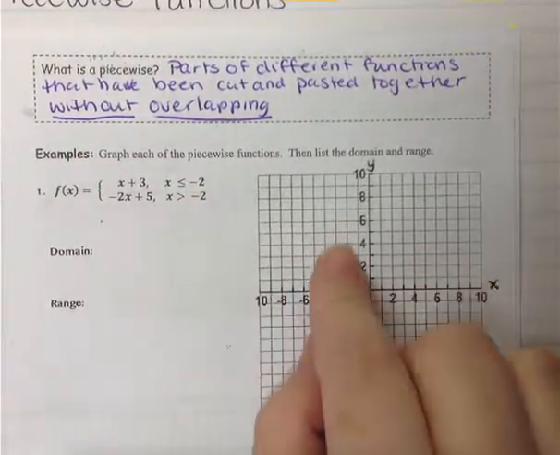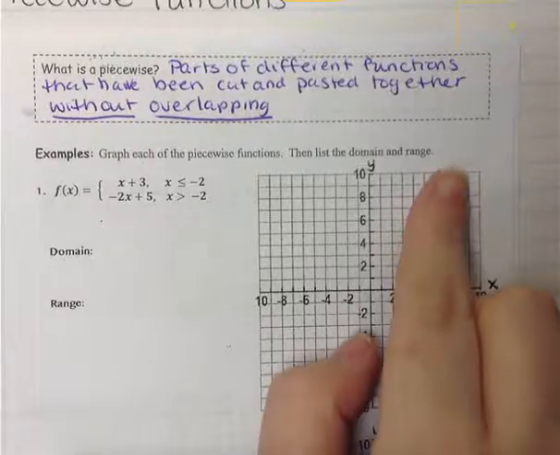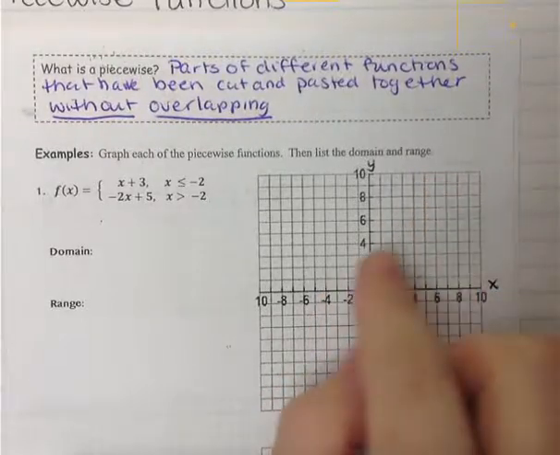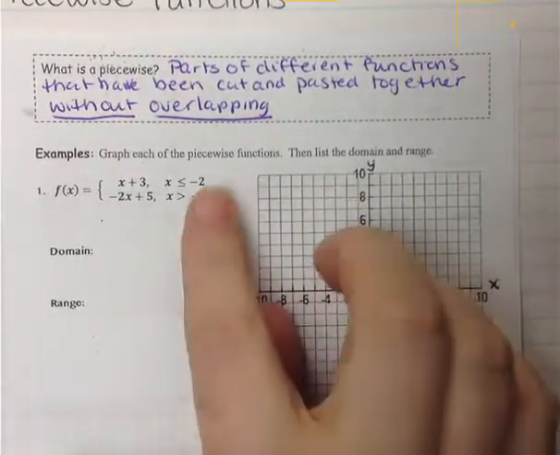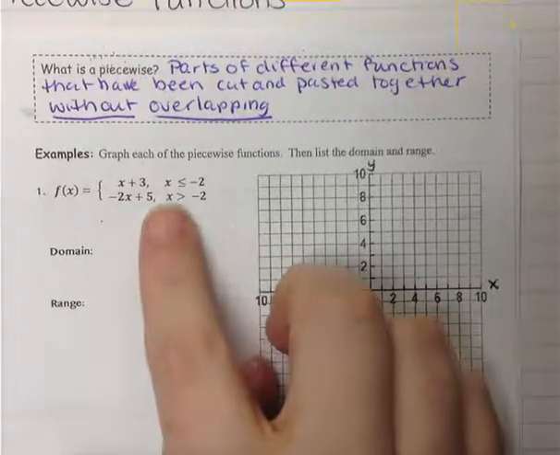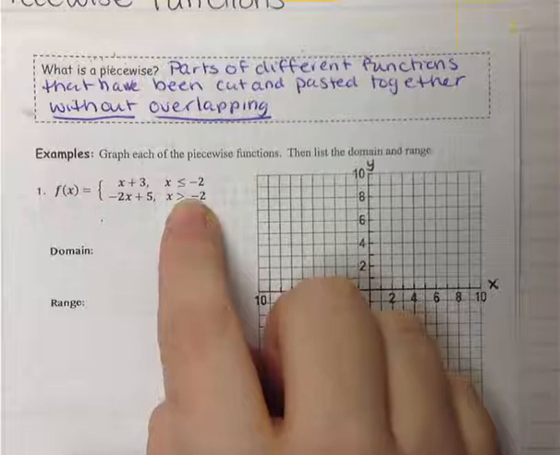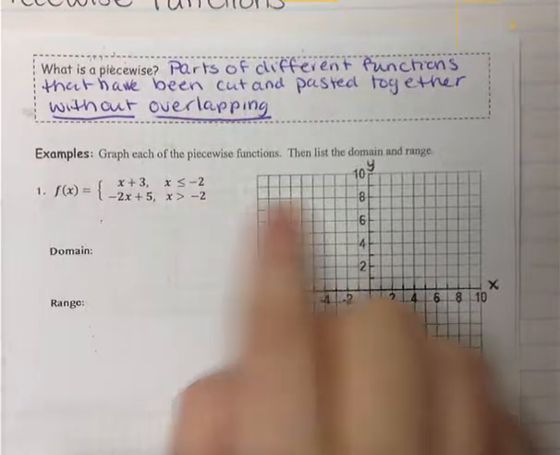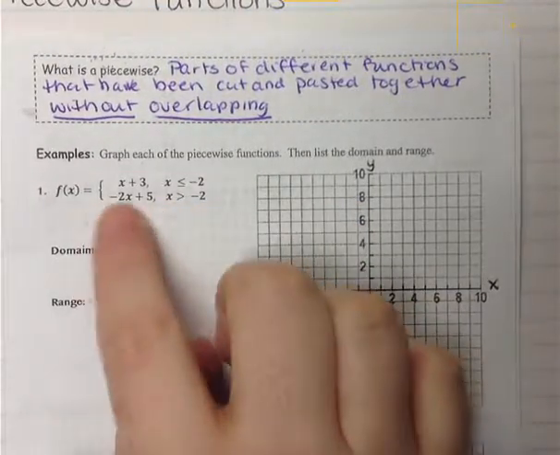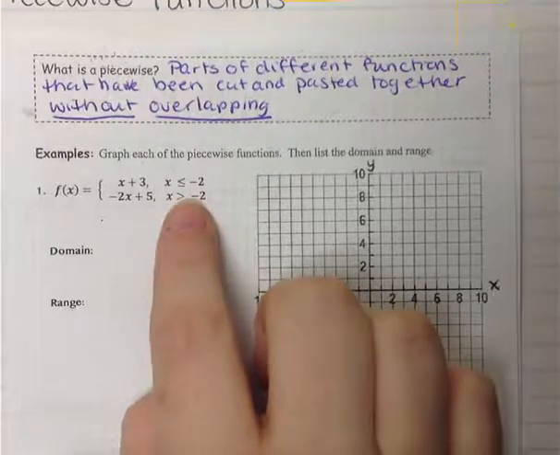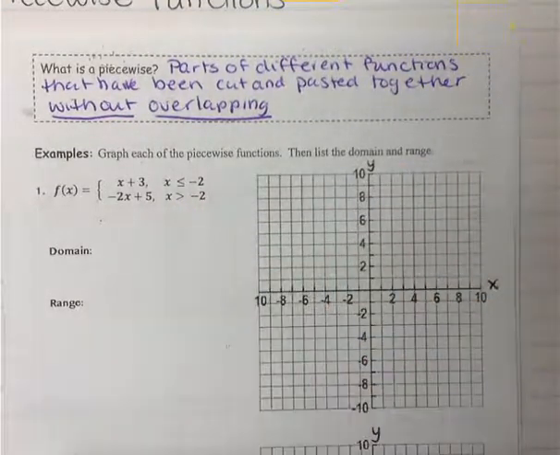So we actually won't even graph the entire line. We can, but we'll erase the pieces that we don't need. For the second one, our restriction will start at that -2, but not include it, and then we can go towards the right.